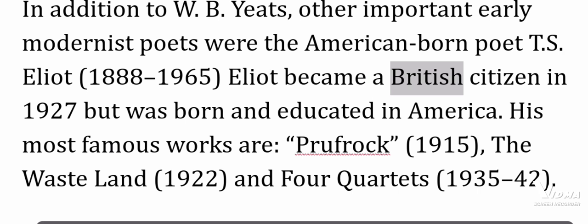Eliot became a British citizen in 1927 but was born and educated in America. His most famous works are Prufrock, 1915, The Waste Land, 1922, and Four Quartets, 1935 to 42.